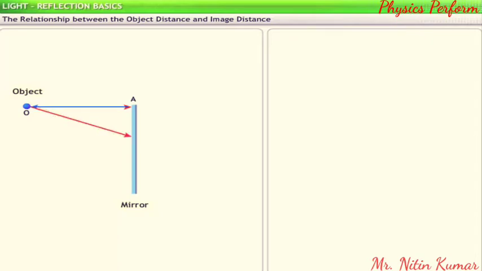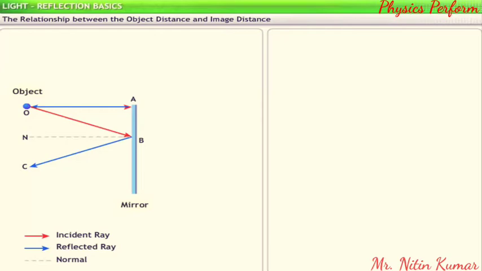However, the second ray, which is incident at point B, is reflected along BC. This ray obeys the law of reflection such that N is the normal as shown. The reflected rays AO and BC, being divergent when extended beyond the mirror, meet at O' to form the image.